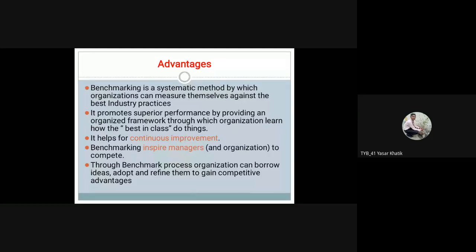It promotes superior performance by providing an organized framework through which organizations learn how the best in class do things. ठीक आहे. आपण काय करतोय, एक ऑर्गनायझेशनची जी काय स्टँडर्ड सेट करतोय जो खूप चांगला आहे आणि आपण आता इम्प्रोवाइज करायला चाललो आहे.